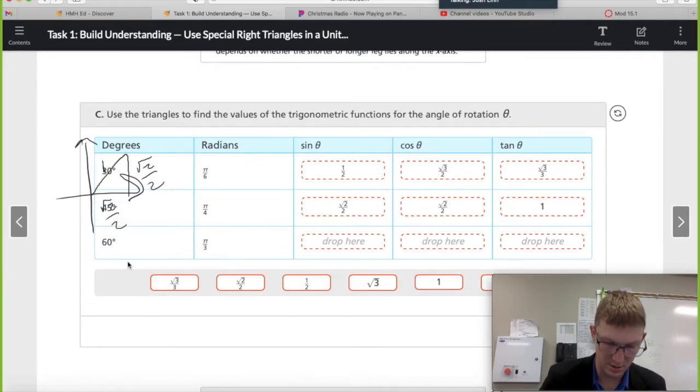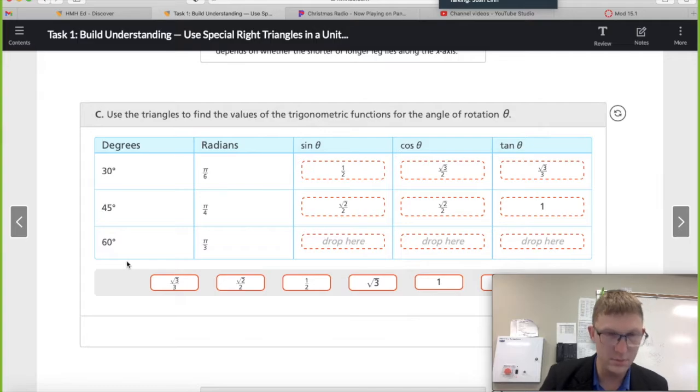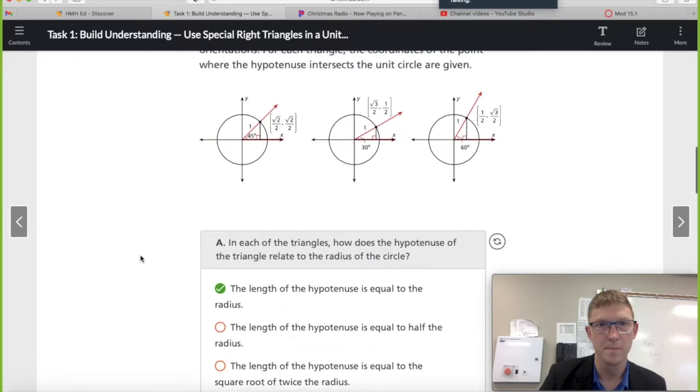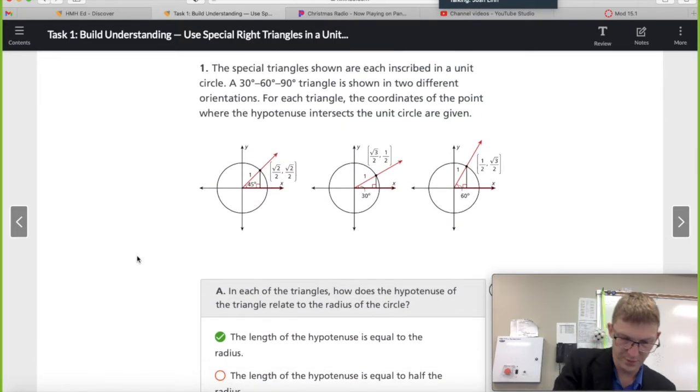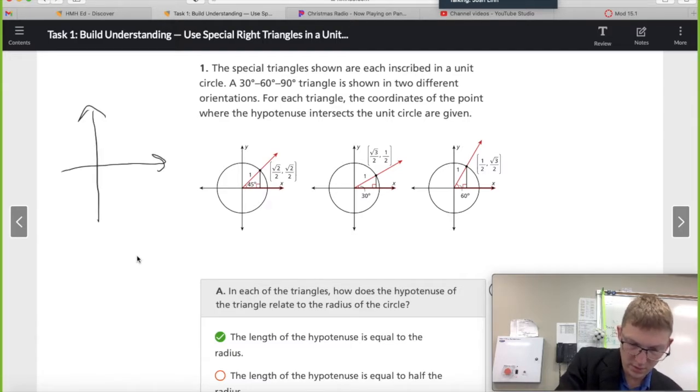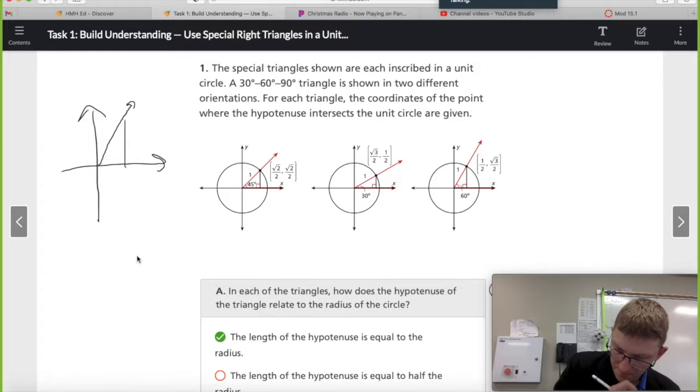And then our 60-degree angle, let's go up and look at that one. So here's our little picture. Our x value is going to be 1/2.